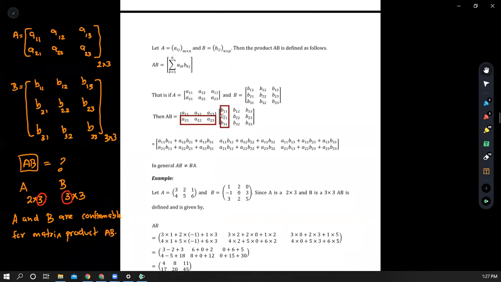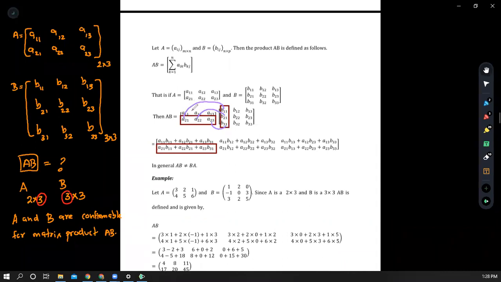Then, in the same way, I can obtain the element at the second row, first column. If I see the elements that I'm multiplying, A21 with B11, A22 with B21, A23 with B31.